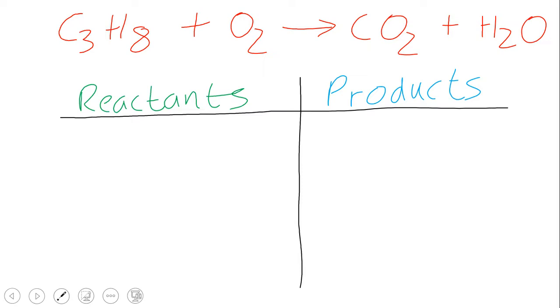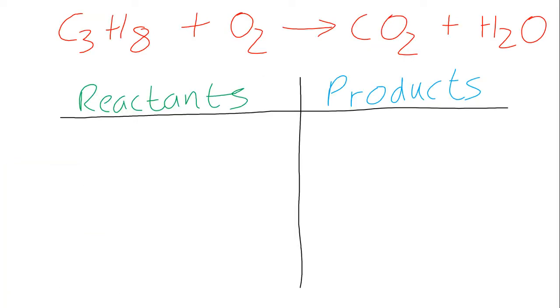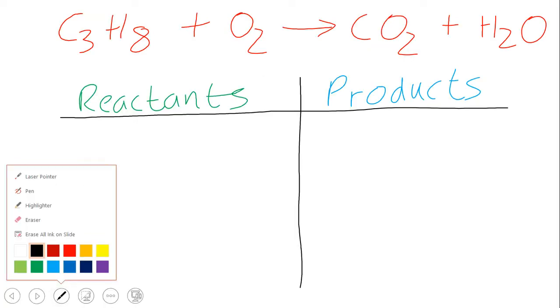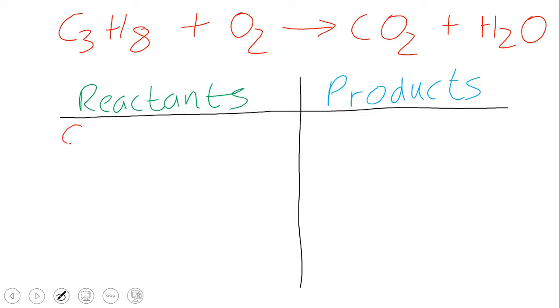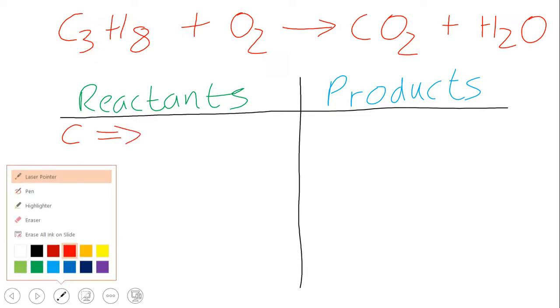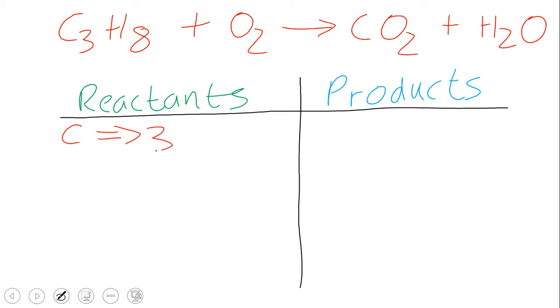What I mean is, let's look at carbon on the reactant side. We denote that as C, and notice that for carbon we have 3 on the reactant side. But when we go to the product side, how much carbon do we have?